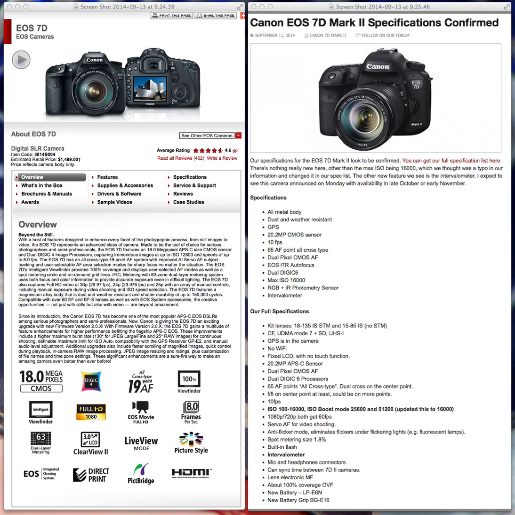So there's a lot of improvements, plus the ISO up to 16,000. So very, very impressive increases. Some more than others, but overall drastic improvement.